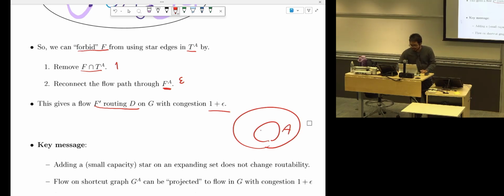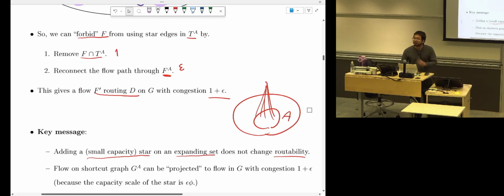If I add some star with small capacity, that doesn't increase the connectivity between them too much, then it doesn't really increase anything. So adding a small capacity star on an expanding set doesn't change routability too much.